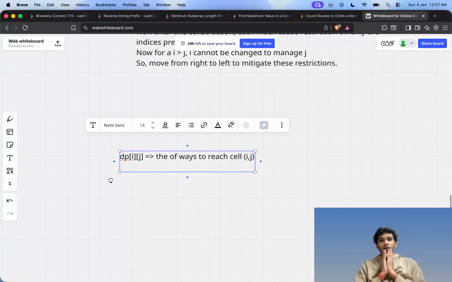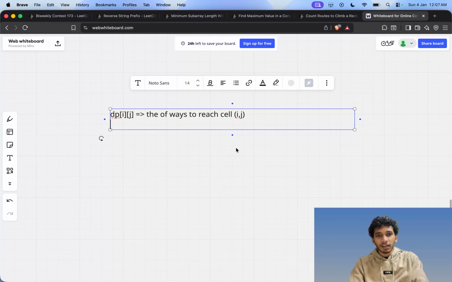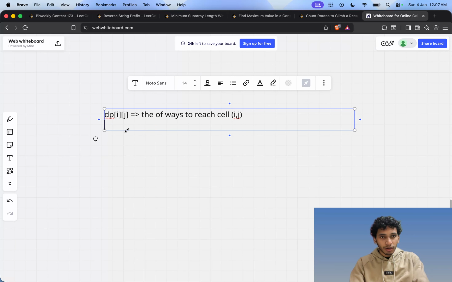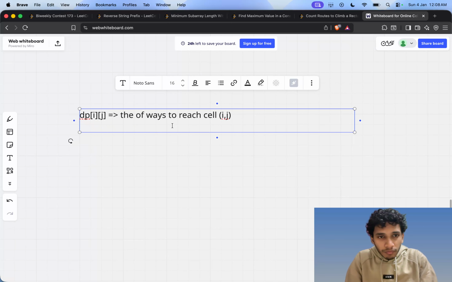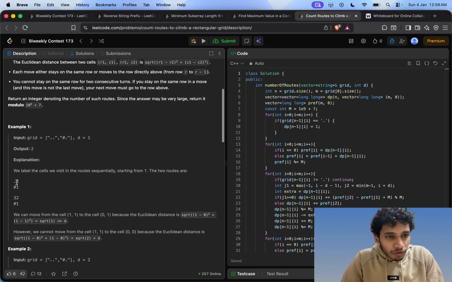Now let's try to visualize this state. Is this state correct? How to write the recurrence relations and so on. So we have one of the test cases.